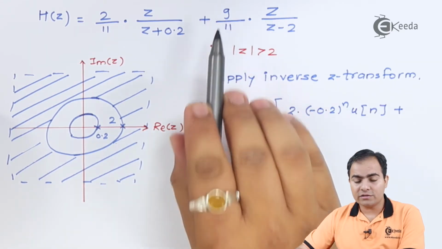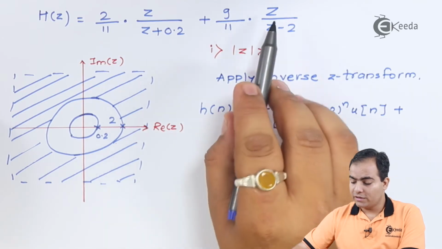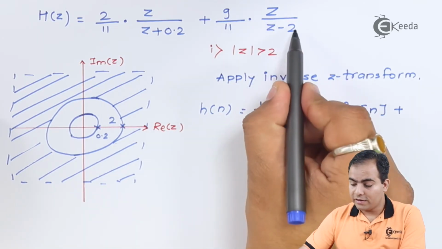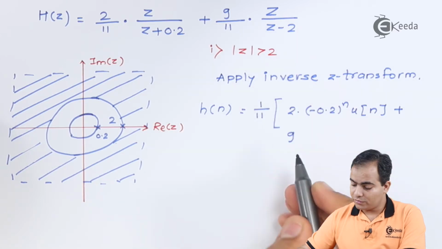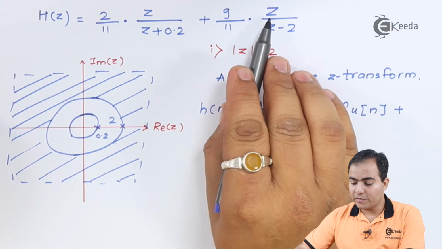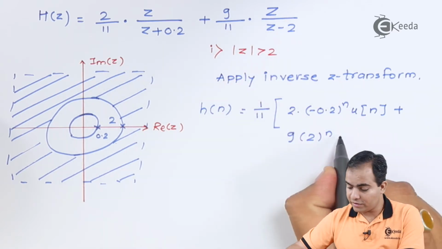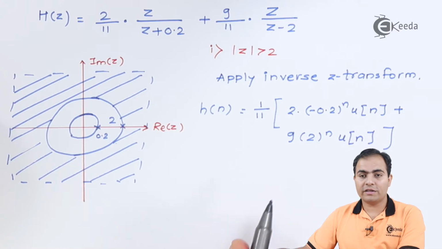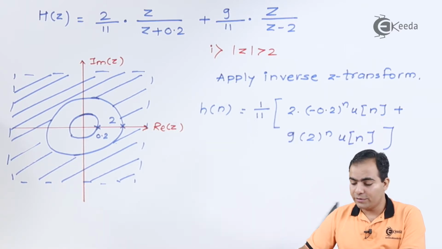Now here the constant is 9, so I have written it first. Now what we have is z upon z minus 2. Here the value of a is 2, so I'll write only 2 to the power n, and the rest of the part is z upon z minus 1, which is nothing but the inverse transform of the unit step.